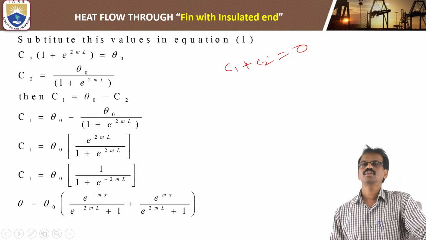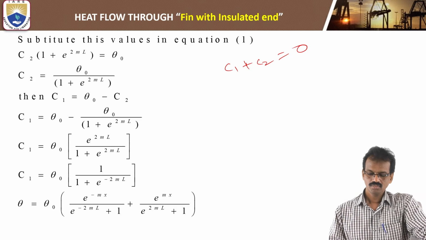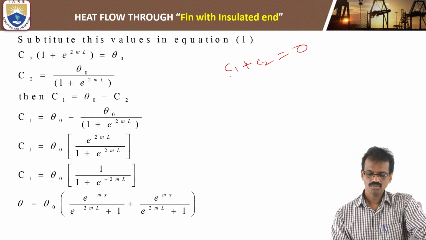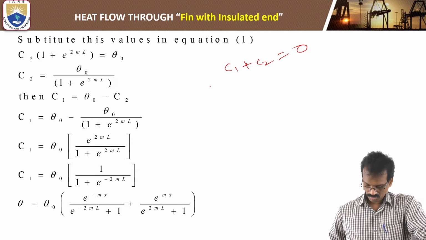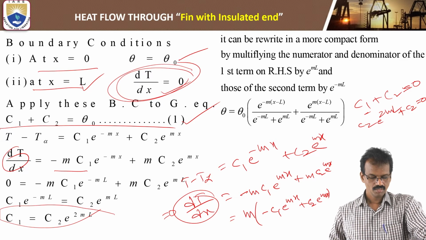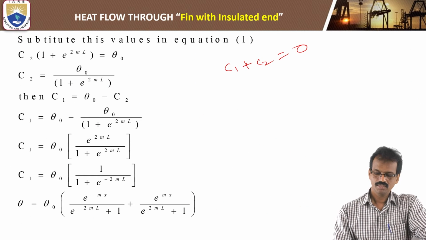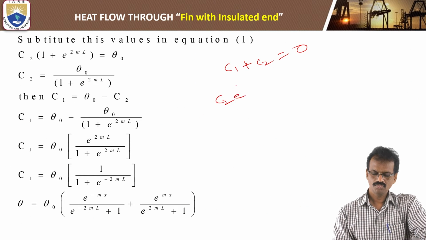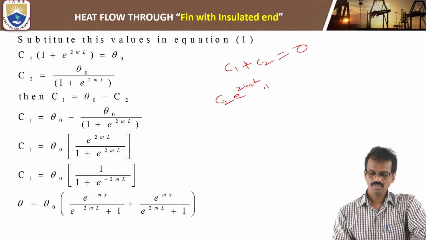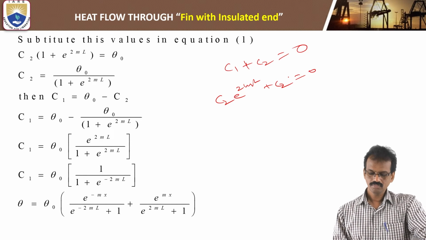So based upon the first boundary condition, the c1 value is equal to c2 e to the power of 2ml, c2 e to the power of 2ml plus c2 is equal to 0.